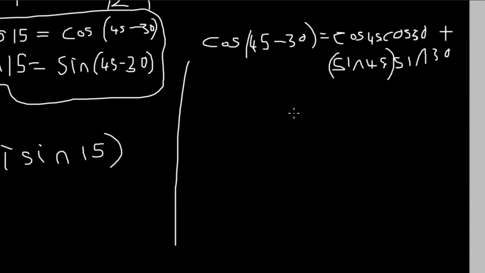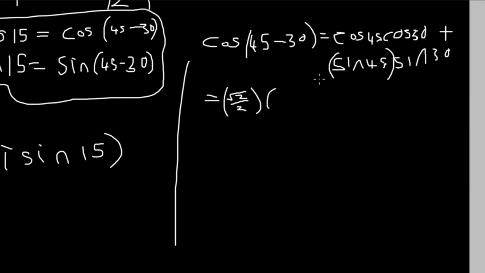Then you start putting in the values now. So cos 45 is root 2 over 2. You put it in brackets.